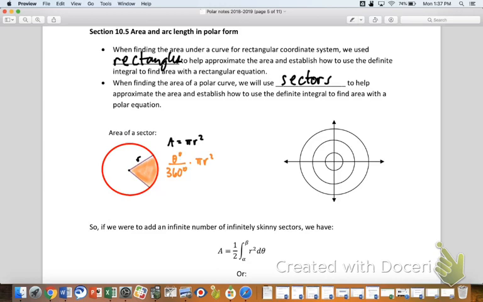As you know, in our class we don't typically use degrees, although what you've got right there is totally right. How could we convert this over to radians? Theta over 2 pi, right? Because the whole circle would be 2 pi radians. So it would be theta over 2 pi times pi r squared. Then we can do a little cleaning up.